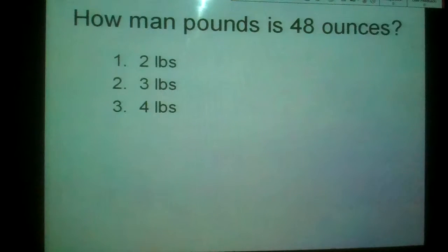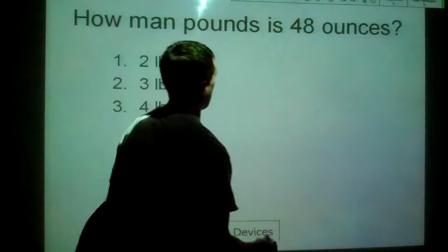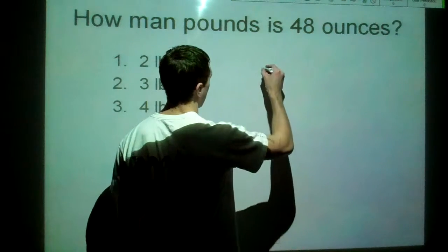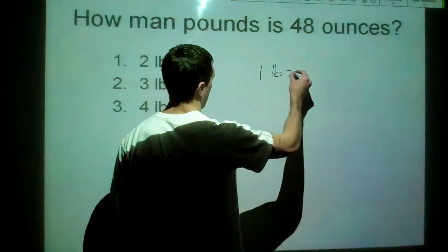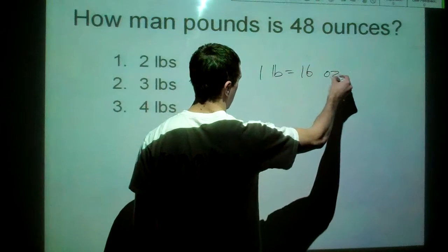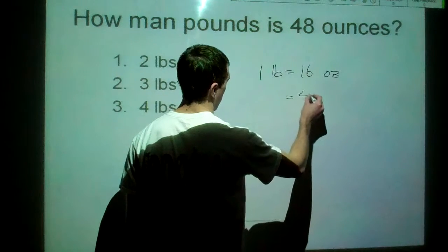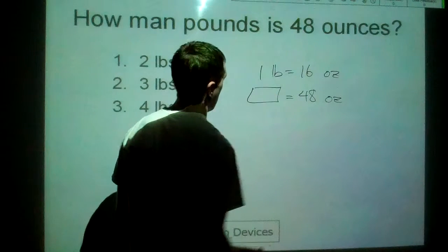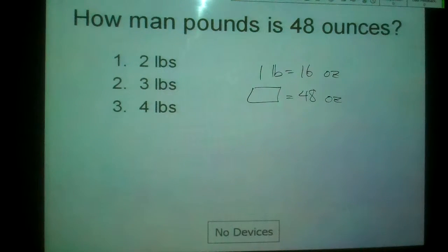How many pounds is 48 ounces? Well, 1 pound equals 16 ounces. And we want to figure out how many pounds 48 ounces is.